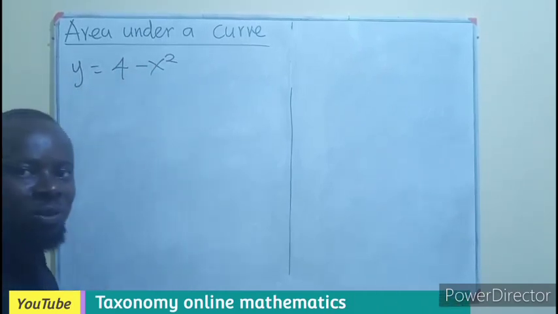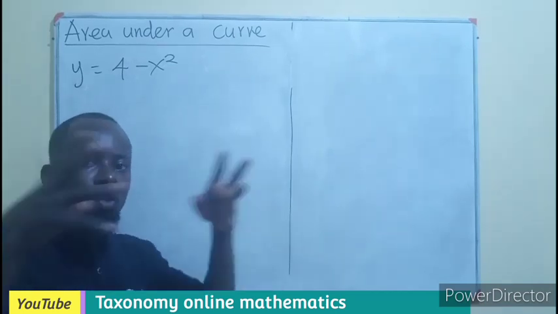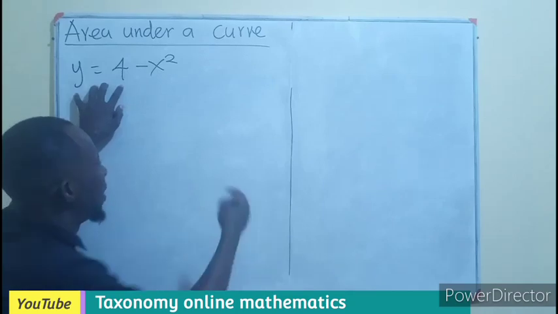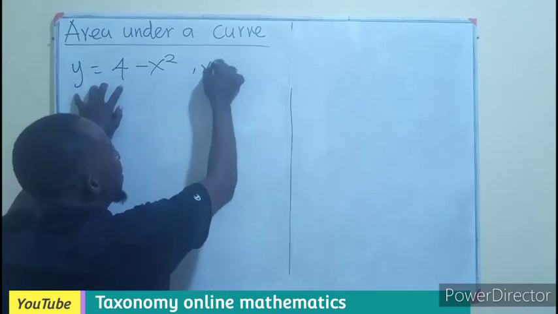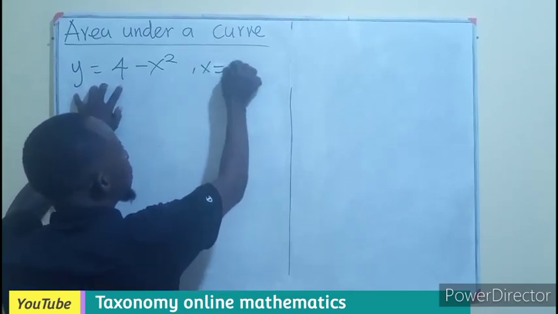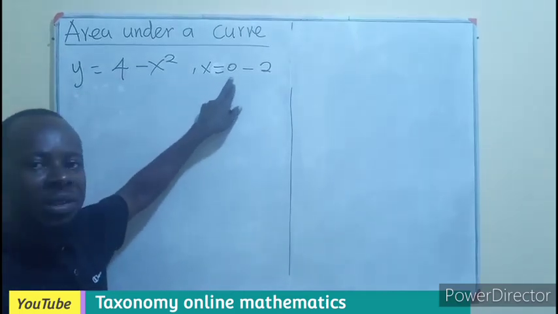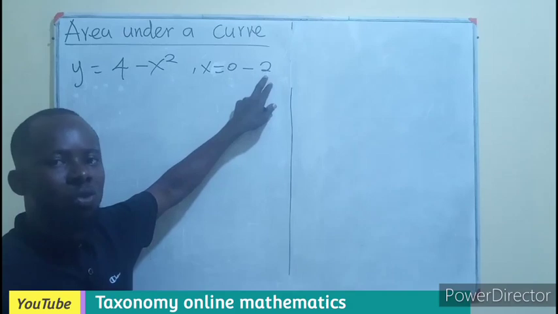So we are asked to find the area enclosed by this function and the x-axis spanning from 0 to 2. What I mean is that the lower limit is 0, the upper limit is 2.